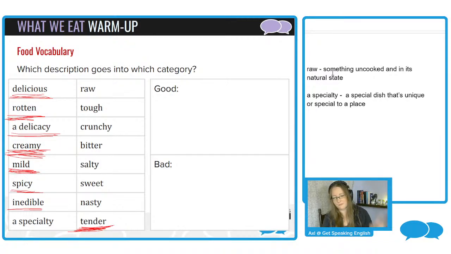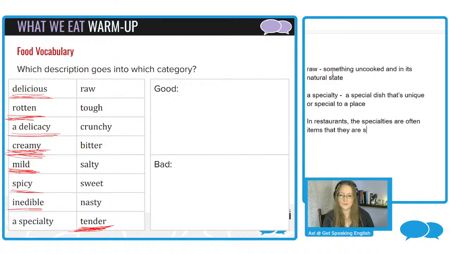Or if you go out to restaurants, the specialties are often a list of specific foods that they are only serving that day or maybe that week. So they're special foods.